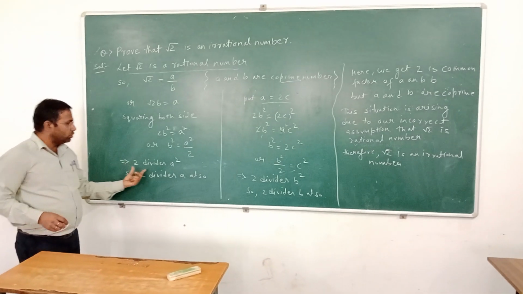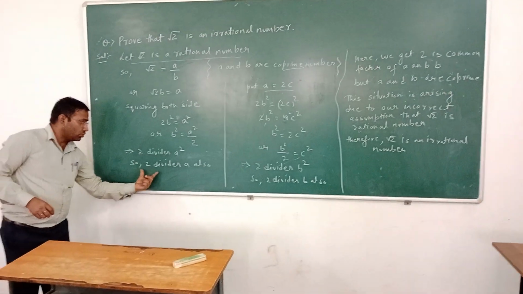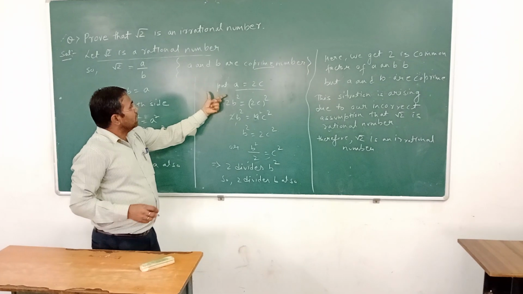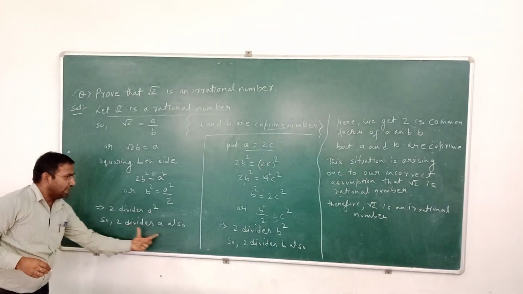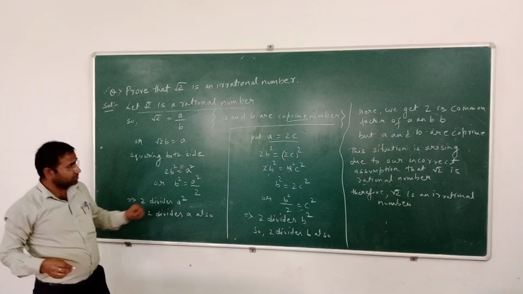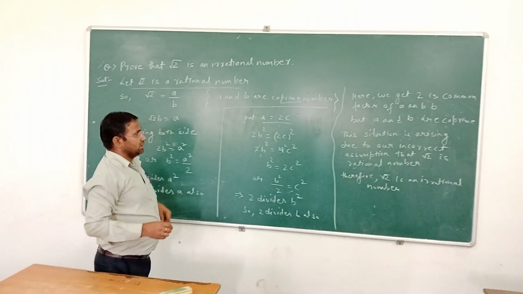Now this implies that 2 divides a square. So we can conclude that 2 divides a also. Now we will check whether 2 divides b also or not. So for checking we will put a is equal to 2c.